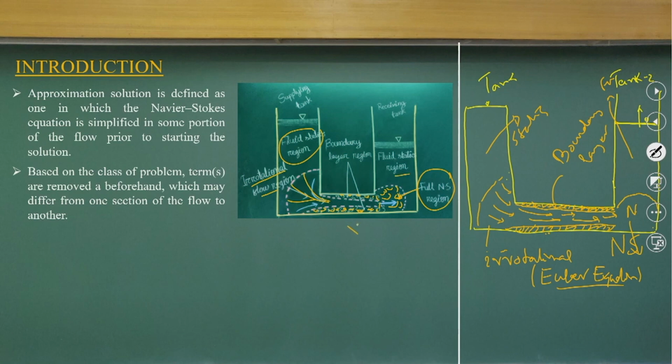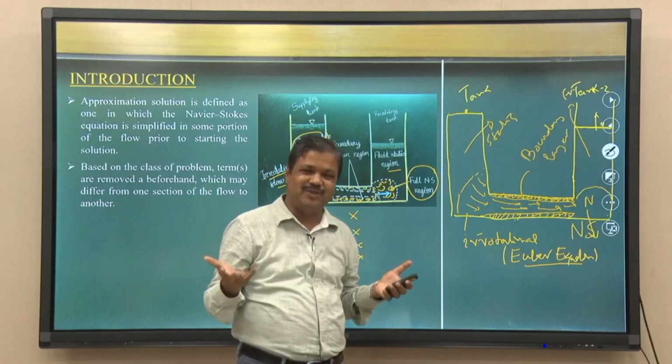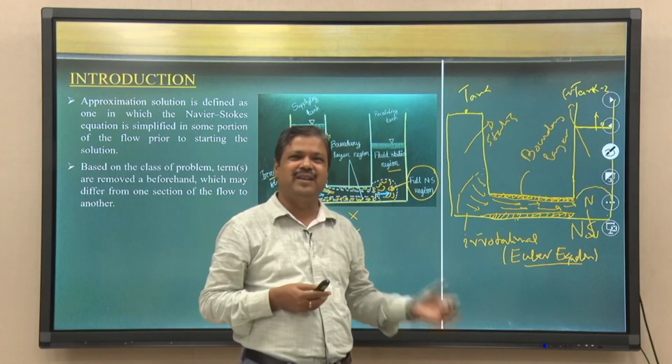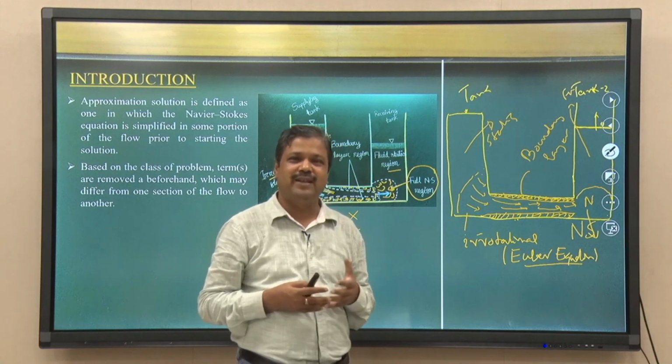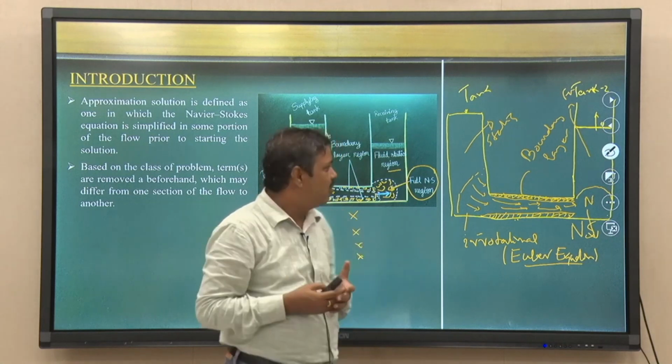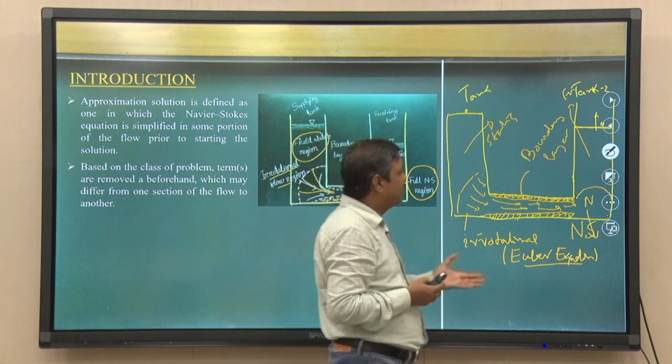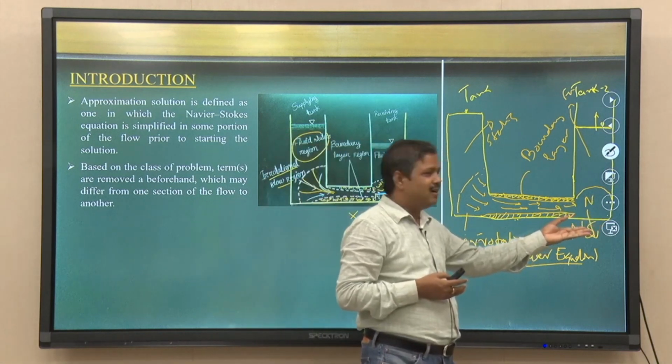So, that means in this simple case, we have 4 types of conditions: fluid at the rest, which we discussed at the very beginning. We also discussed the irrotational flow area, which is Euler equations. We also discussed the Navier-Stokes equations.